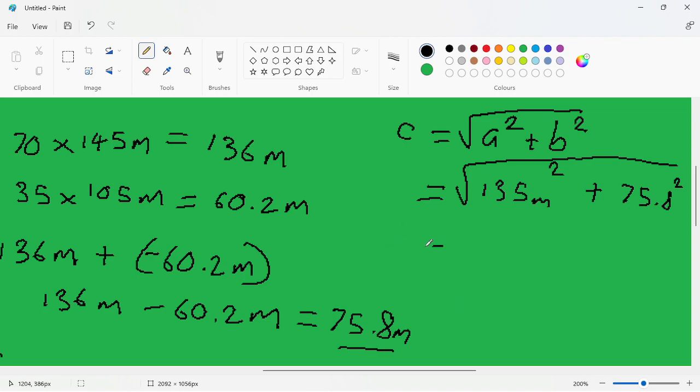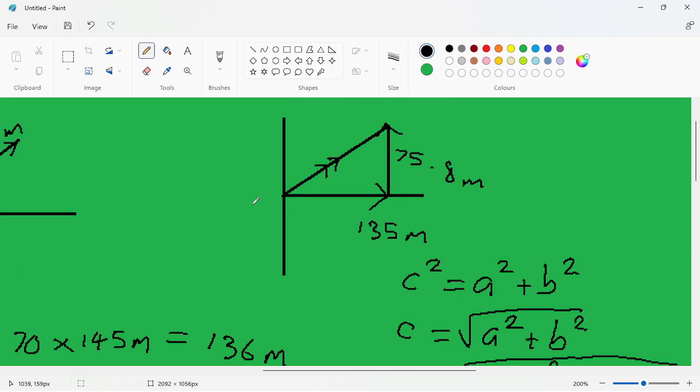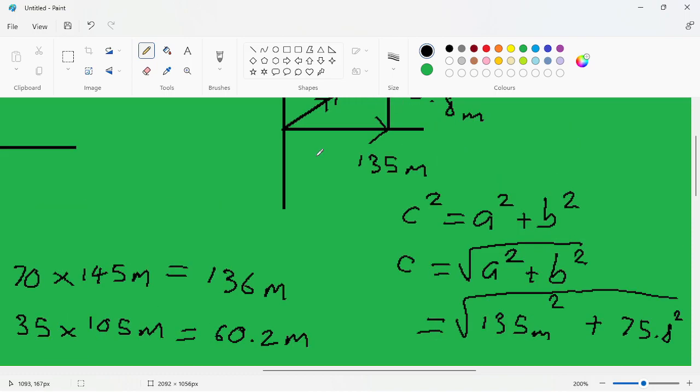When we have done that, we should get the answer of 154.8 meters. And that is the length of this side. So that is the resultant displacement's magnitude.